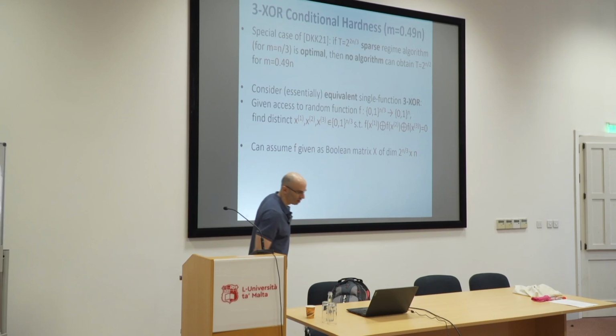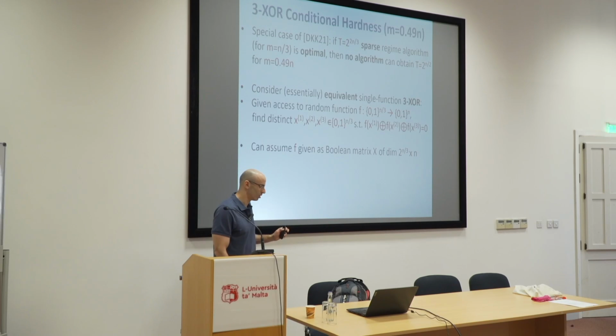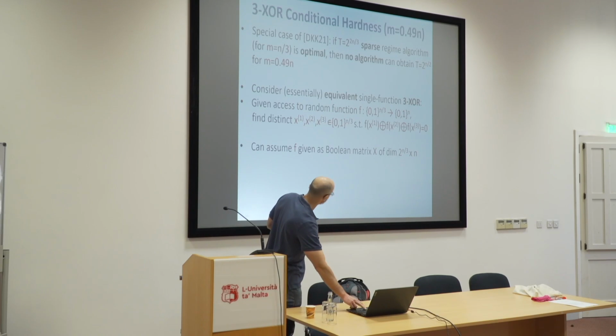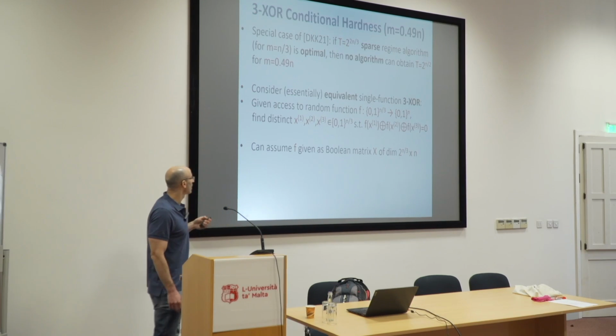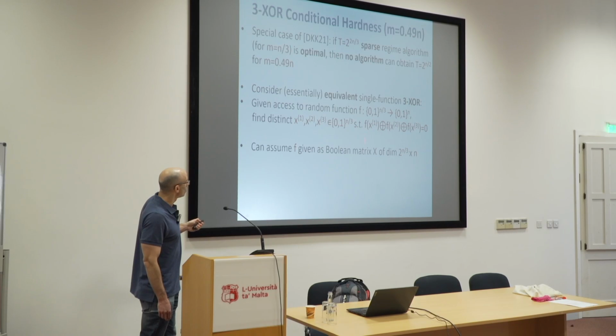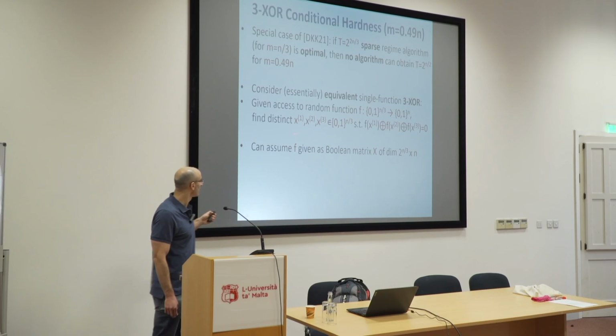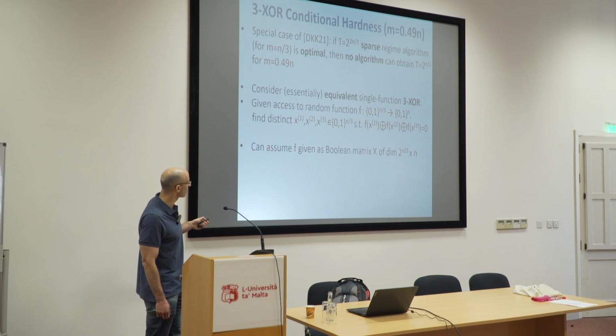Another switch of formulation is that instead of talking about functions, we can assume that this function f is actually given as a Boolean matrix. This function f takes as domain size 2 to the n over 3, and it spits back vectors of size n.